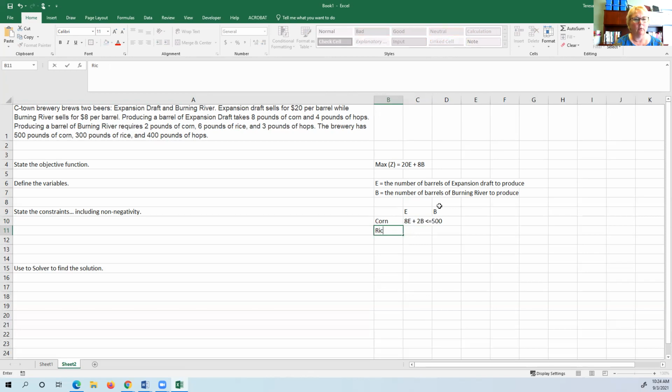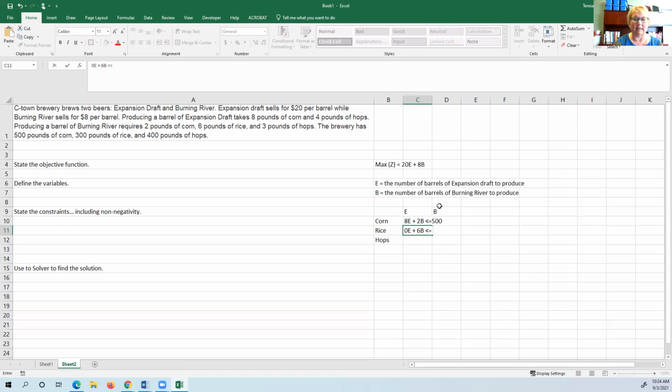Okay, my next, we've got corn, rice, and hops, right? And for rice, I know that for each barrel of Expansion Draft, it takes 0 resources of rice. And for each barrel of Burning River, it takes 6 pounds of rice.